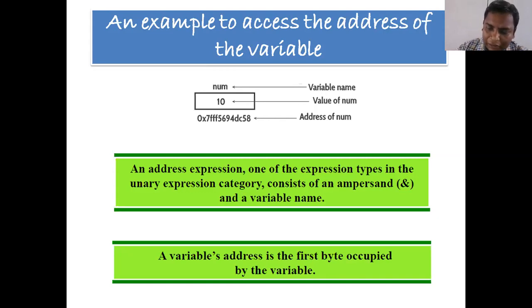If you are declaring an integer int a, and we assume the size of integer is 2 bytes, the first byte address is 1000 and the other is 1001. So the address of this variable will be the first one occupied, that is 1000.